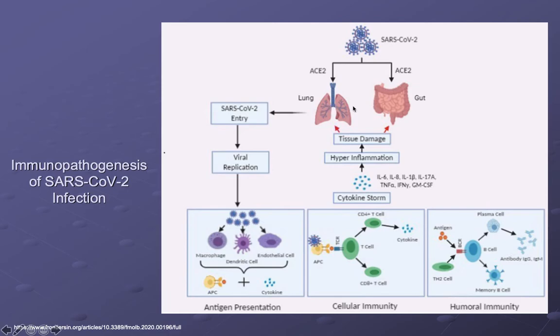There are a lot of cells in our body that express ACE2. It's a general receptor. In particular, the cells in our lungs as well as in our intestines express ACE2 receptors.